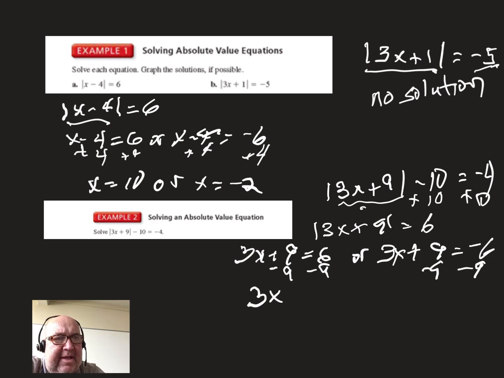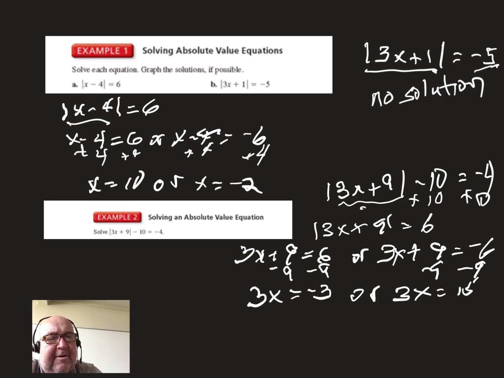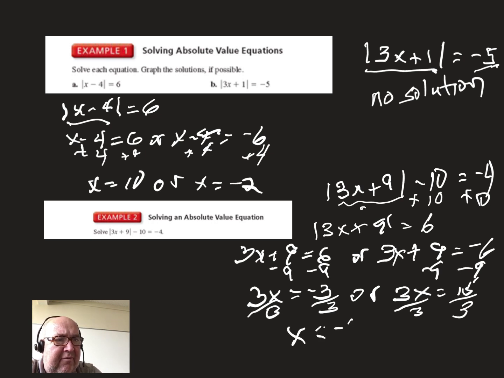We're going to get 3x equals negative 3, or 3x equals negative 15. That's either or. Divide by 3. We're going to get x equals negative 1, or x equals negative 5. Forgot my negative sign up there on top.